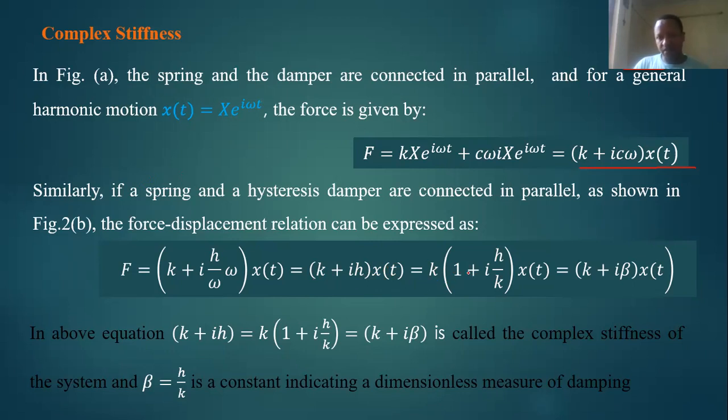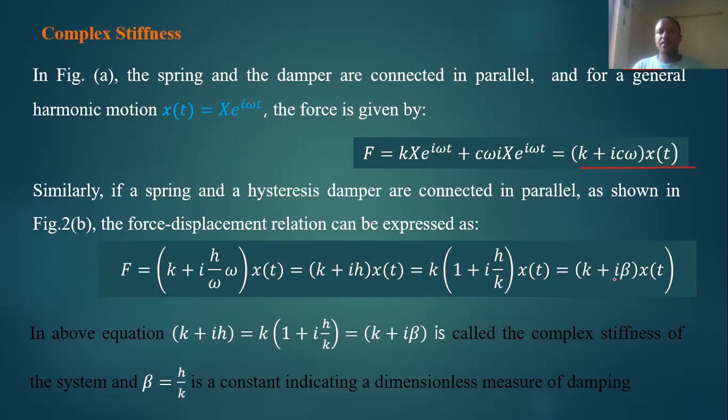Just multiplying with K outside. So this H over K is known as the complex stiffness of the system. That is dimensionless, a measure of the damping, which is represented as beta.